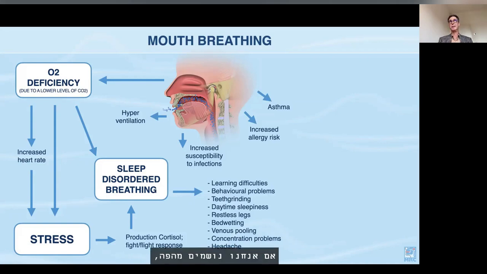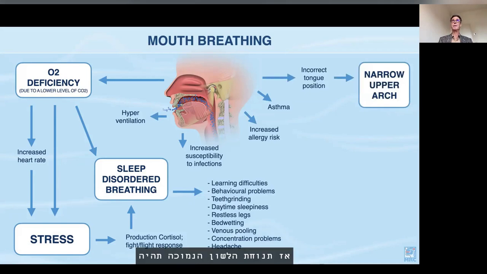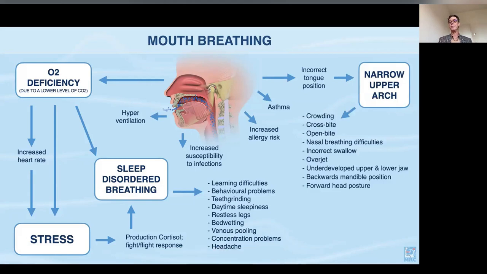If we are mouth breathing, the tongue is also in an incorrect position. So the low tongue position will create an underdeveloped maxilla, and an underdeveloped maxilla will have an effect on the growth of the mandible. And that's creating the different malocclusions and the orthodontic problem. There, the tongue is attached to the mandible, and the mandible is backwards, so the tongue is backwards.